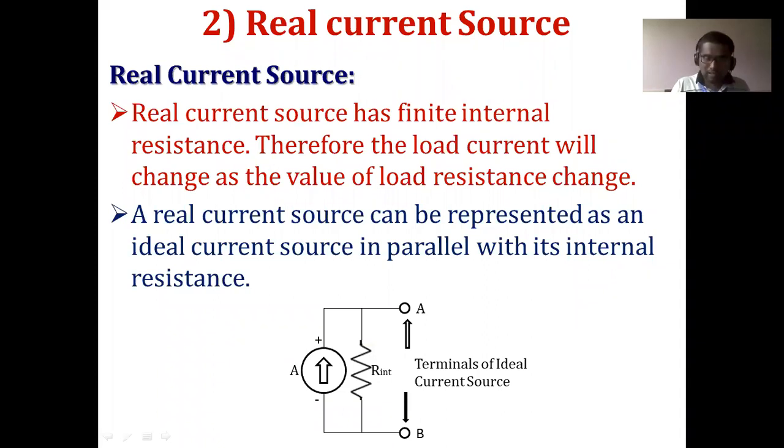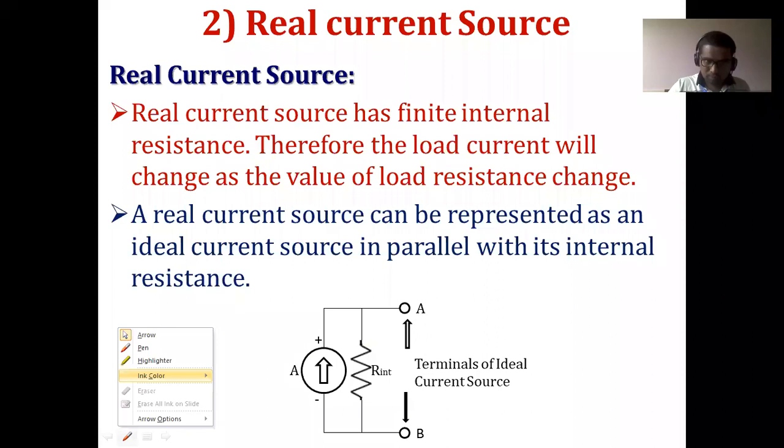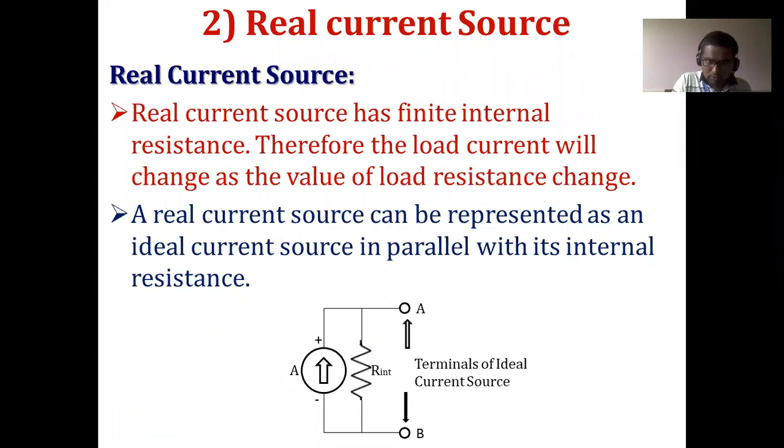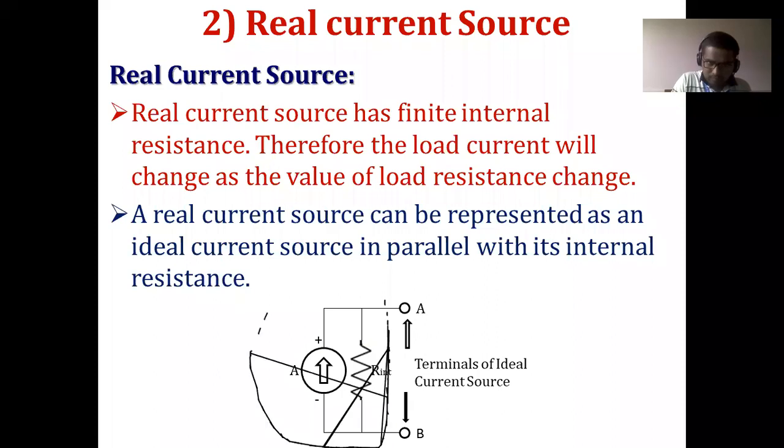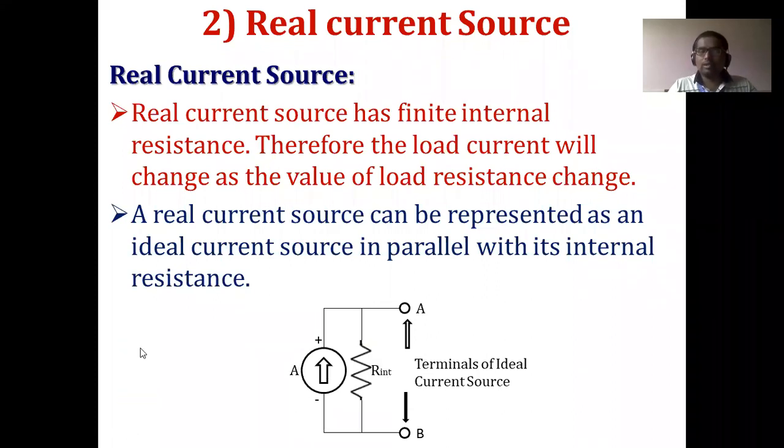The entire diagram present with this in here. If I want to start this entire diagram, it is called a real current source, and the two terminals of the real current source A and B is there, where we can connect the load resistance depending upon our requirement.